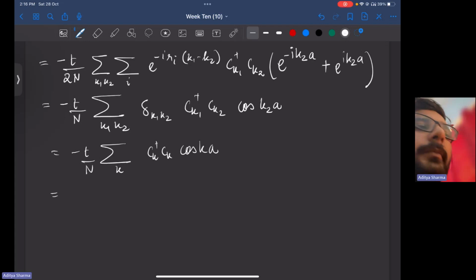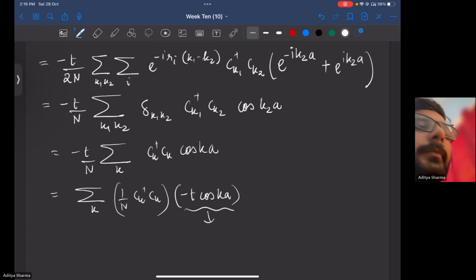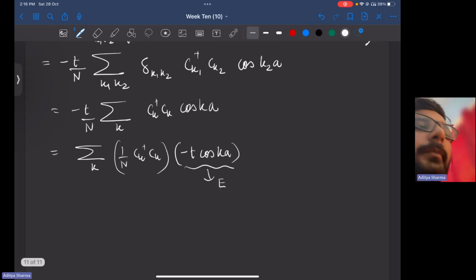Now this term is actually the energy. And why is it the energy? It's a simple fact. You've written the Hamiltonian in the momentum space, and you have diagonalized the Hamiltonian in the k basis. So there's only a diagonal Hamiltonian, and the values of these diagonals are just minus t cos k.